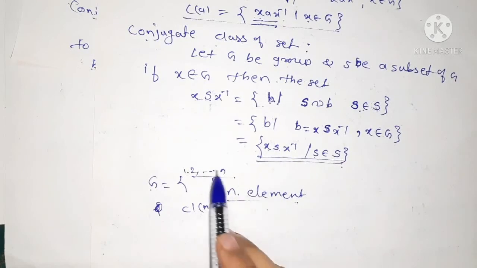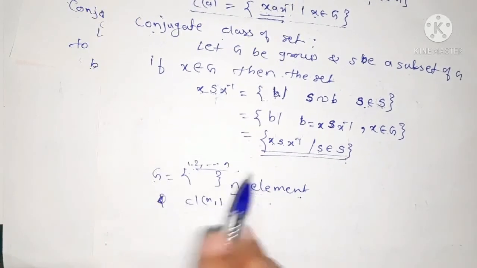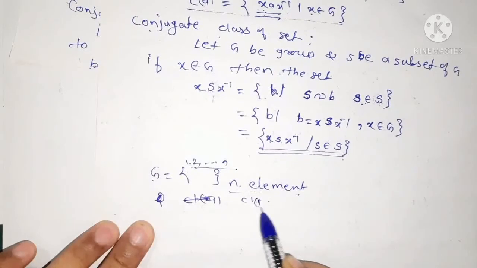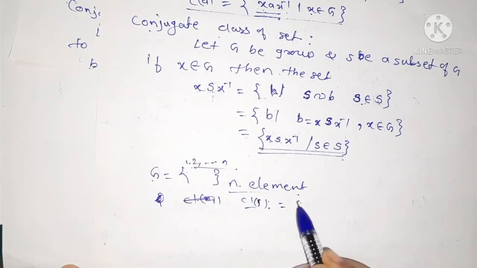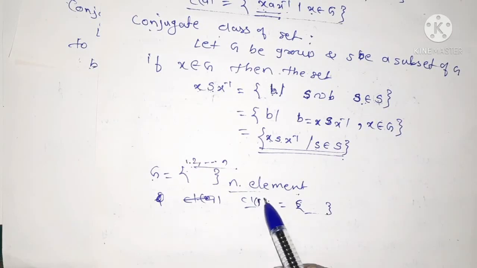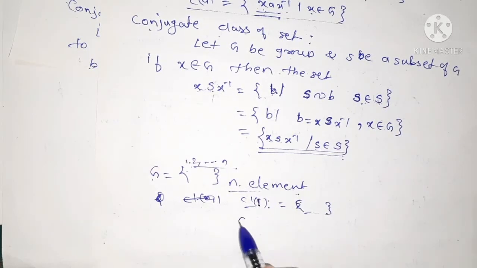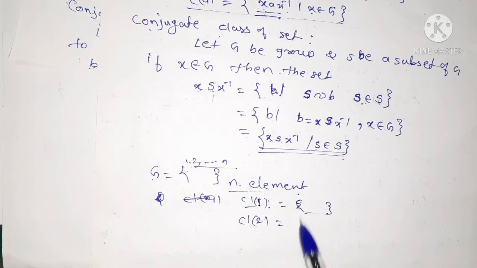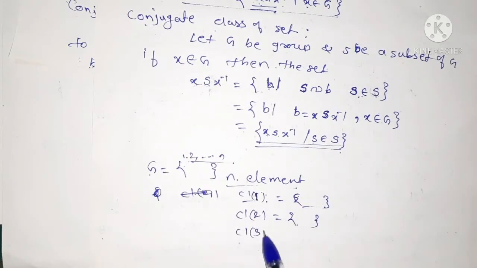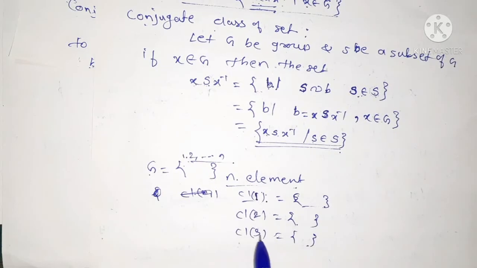Now for the conjugate class of the first element, 1, we get the elements which are conjugate to 1. Then in the second class we get the elements which are conjugate to 2. Then in the third class we get the elements which are conjugate to 3.